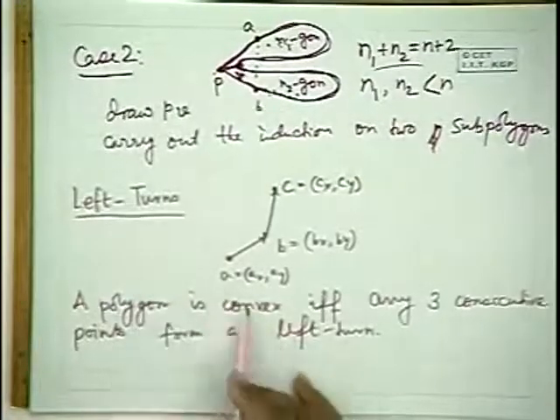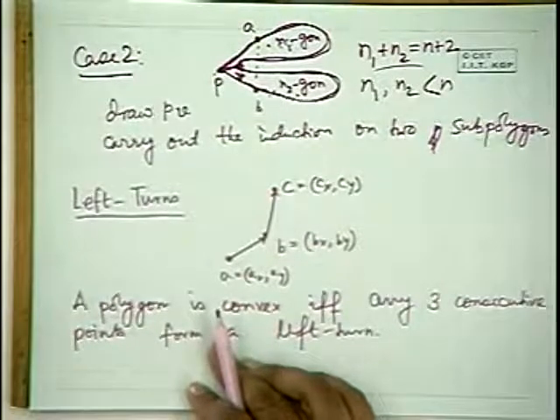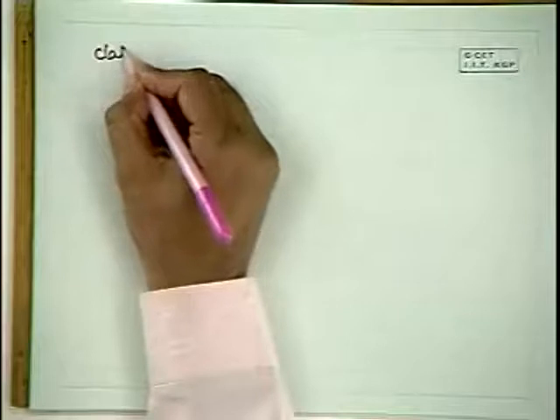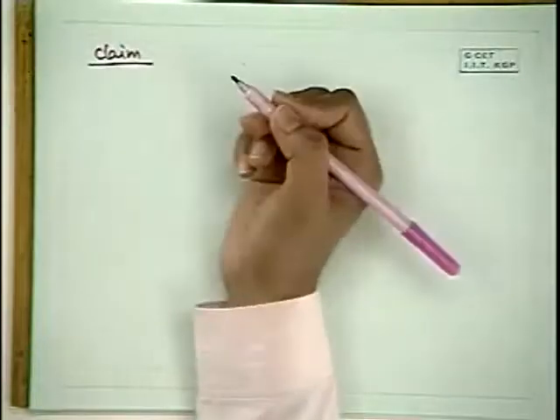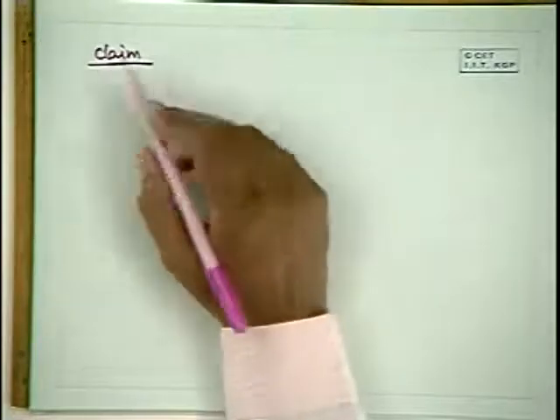Now, given this fact about left turns, how can we decide from the coordinates of the 3 points A, B, C whether they will make a left turn or not? There is a very easy formula. Here is a claim. I will not prove this claim, I leave it to you, but it should be quite easy. If you manipulate this formula algebraically, you will find why it is true.